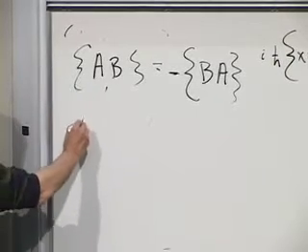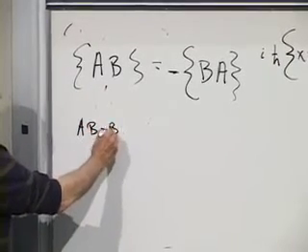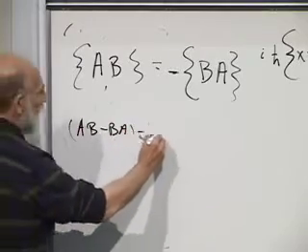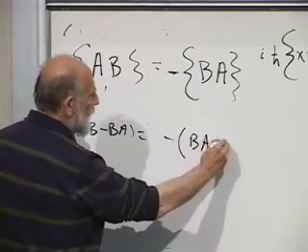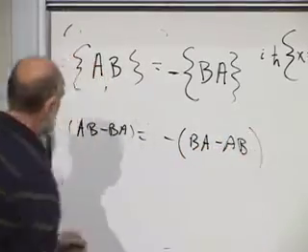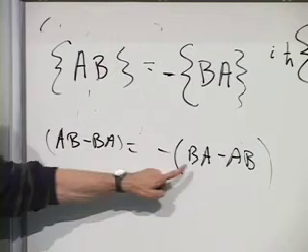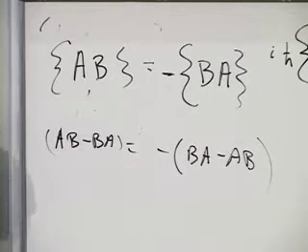The commutator is AB minus BA. That's obviously minus BA minus AB. Here we have AB with a plus sign. Here we have AB with a plus sign. Okay?